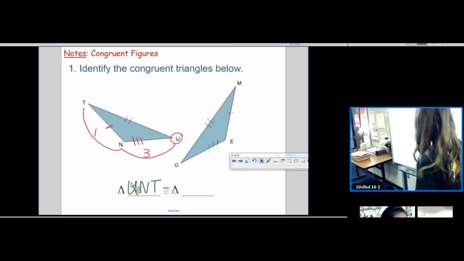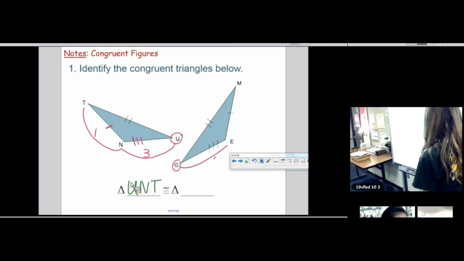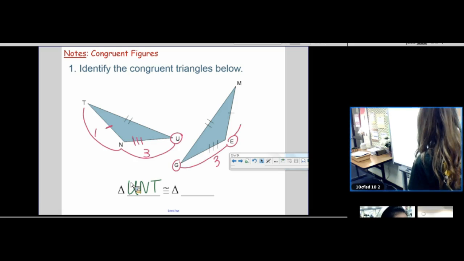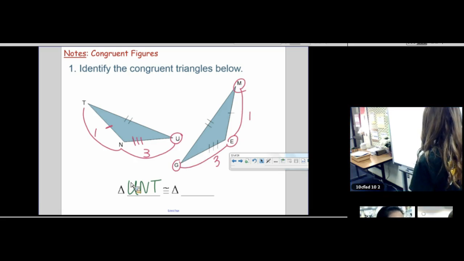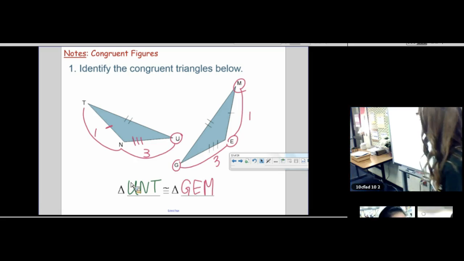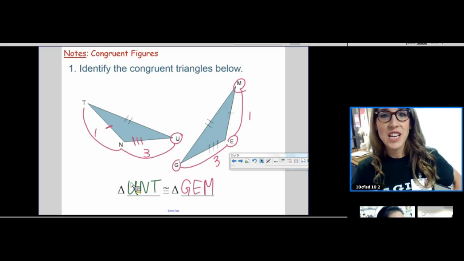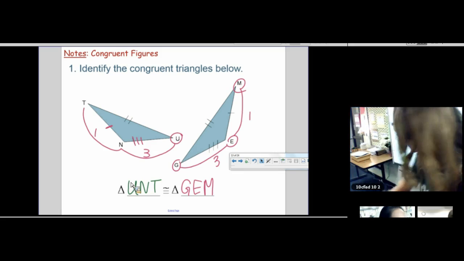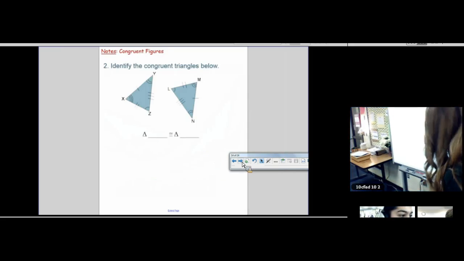I need to go across 3 tick marks and then across 1 tick mark. So I would name it GEM. UNT is congruent to GEM. I have to go in this corresponding way. You have to make sure that they matched up. Okay? Let's try another one.